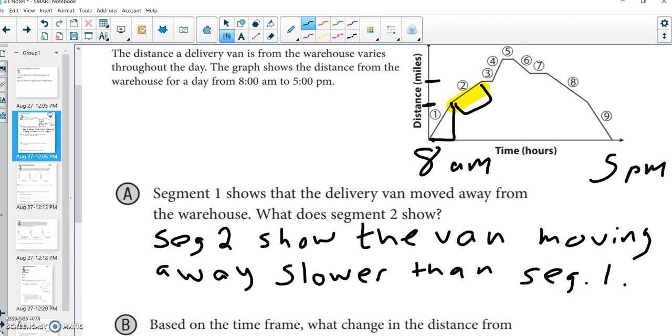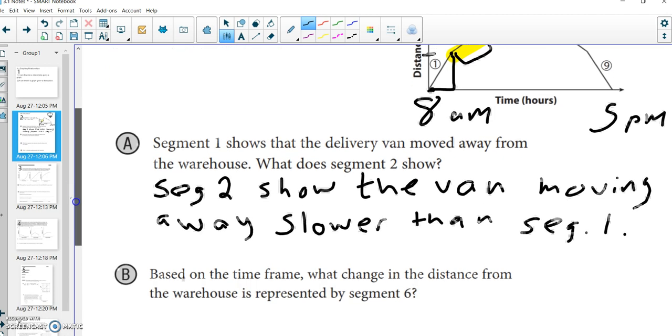So if we look, segment 1 went really quickly high. It wasn't moving at all till really far away in a short amount of time. And then from 1 to 2, it was maybe around the same amount of time, maybe a little bit longer, but it didn't go nearly as far. So it had to have been moving slower.